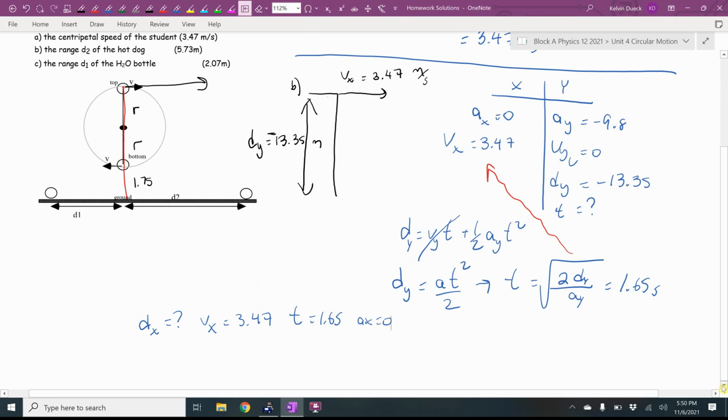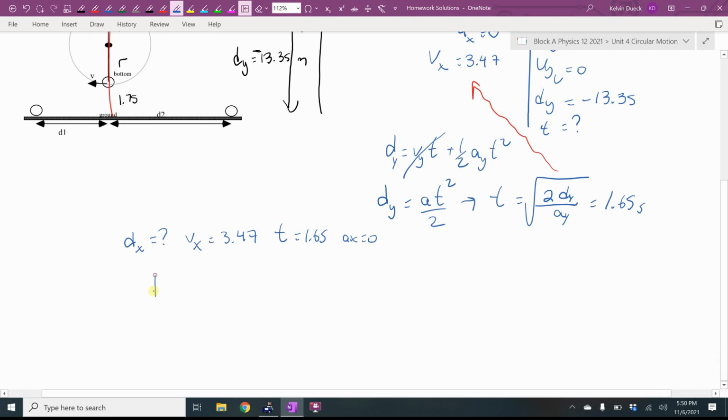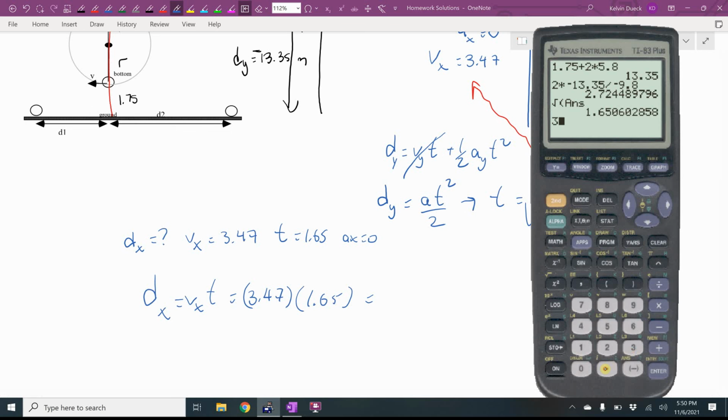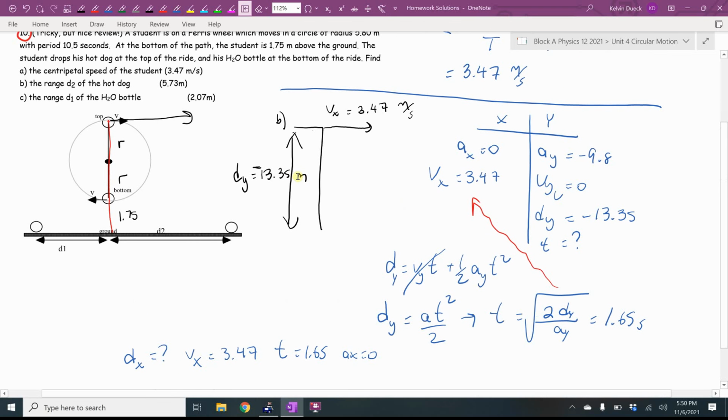So I can find the range by going dx equals vx t. It's going to be 3.47 times 1.65. Oh, I'm going to hit my answer button. So 3.47 times answer button. And I get a range of 5.73. Is that what I got? 5.73. There it is.